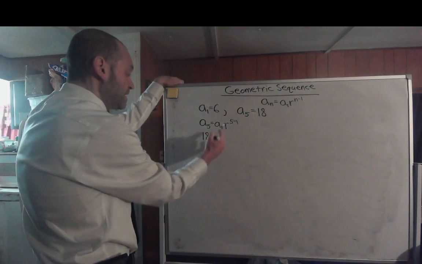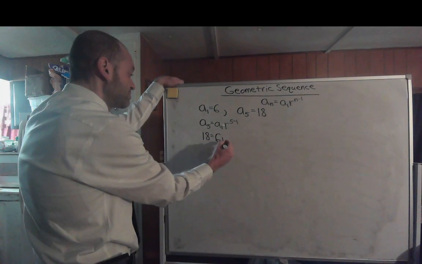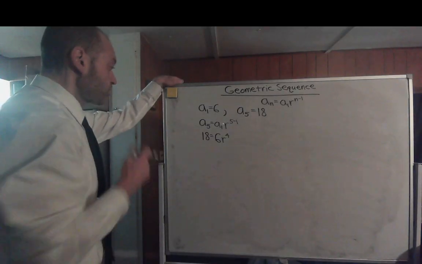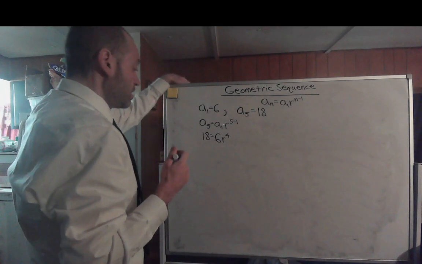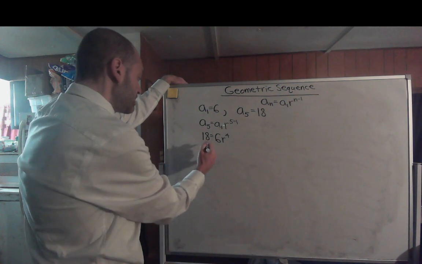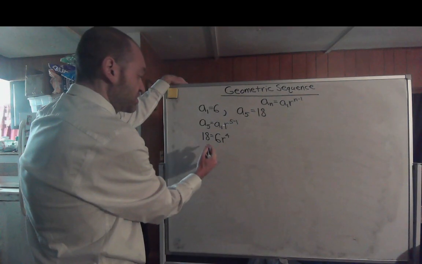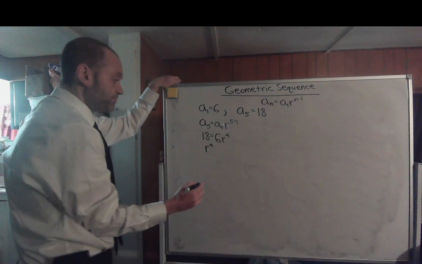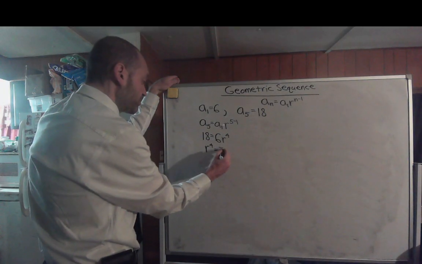That's going to equal my a sub 1, which is 6, times my common ratio to the 4th power. Alright, so if I want to solve for that r, we're going to have r to the 4th would equal 3.